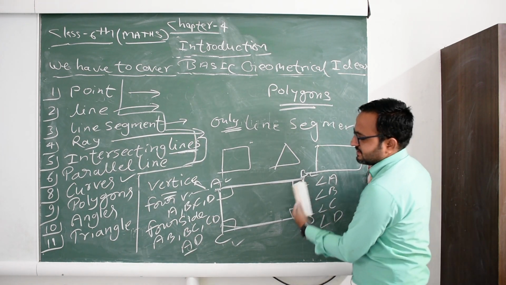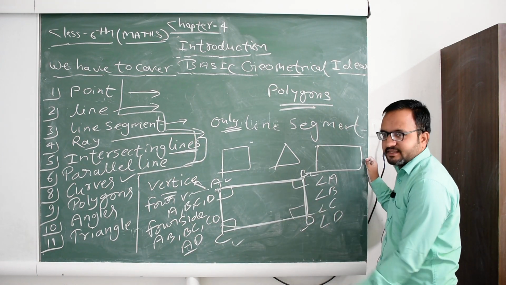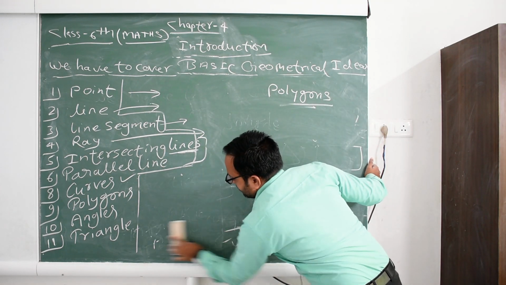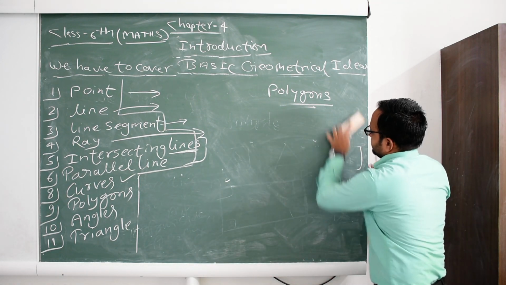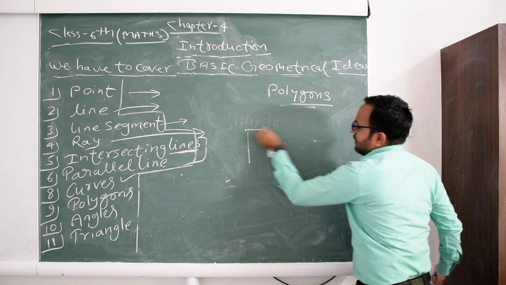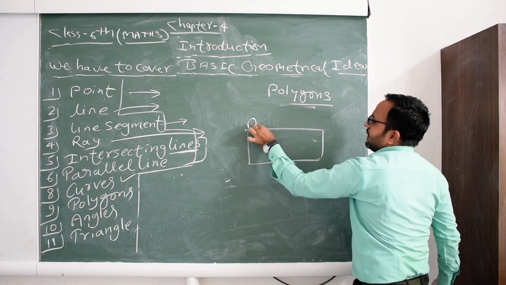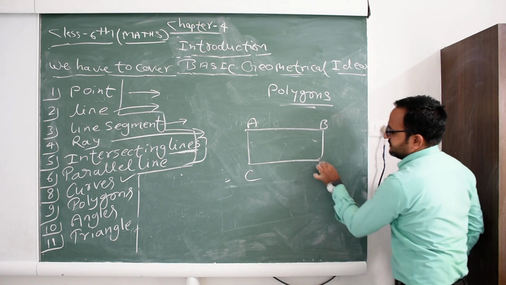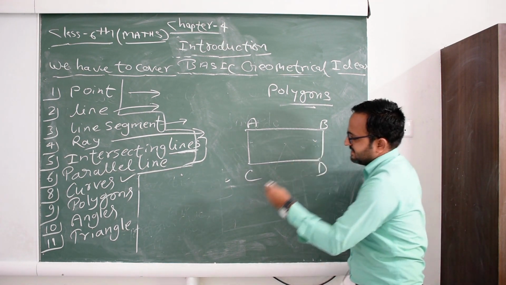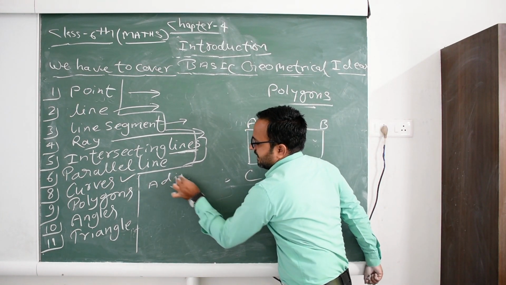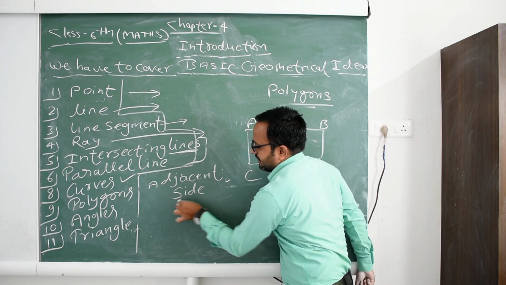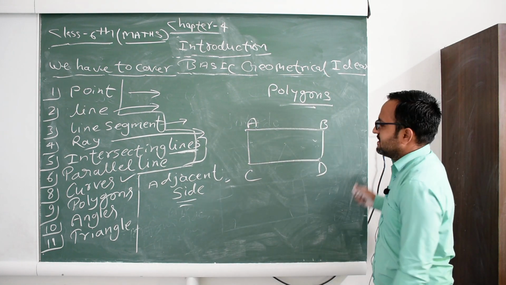Now we discuss adjacent angles and adjacent sides. We take a shape, again we draw A, B, C and D. So what is an adjacent side?